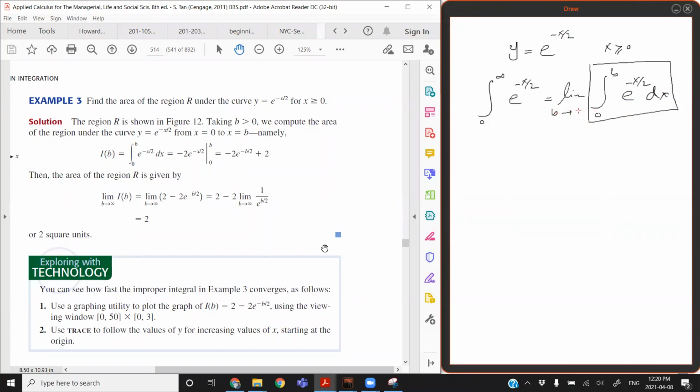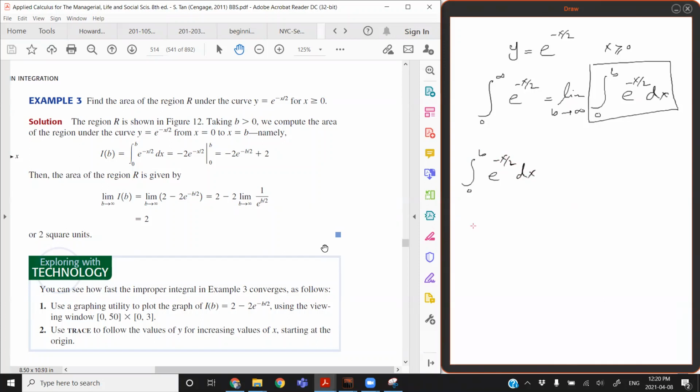And then we take the limit of that as b approaches infinity. I'm going to first calculate this one because that's a definite integral which we already know how to handle. And then I'm going to replace whatever I have here with that function in terms of b and take the limit. So, the integral from 0 to b of e to minus x over 2 dx.